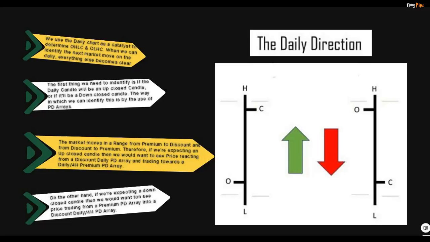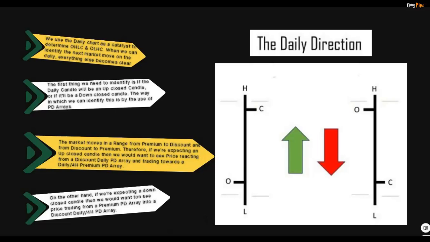I will get to PD arrays in a second. What I want you to pay attention to is this diagram right here and relate what I am talking about to what you can see, right?